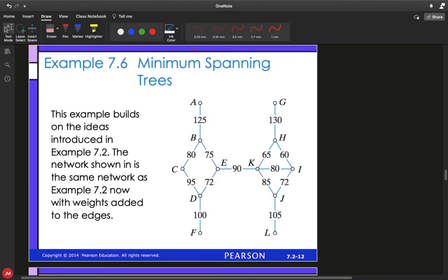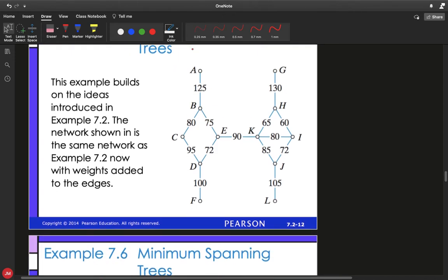Let's go ahead and look at some minimum spanning trees. So this is going to kind of build on the example that we introduced back in section 7.1. We looked at, I think we called it a computer lab and the Ethernet connections between those. So notice we've got now some weights on our graph. And what we would want to do, remember there were multiple different ways that we could remove edges, but if we want a minimum spanning tree, we want to do so at a minimum total cost.